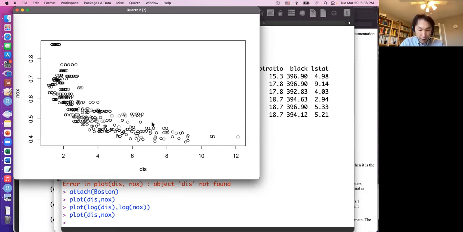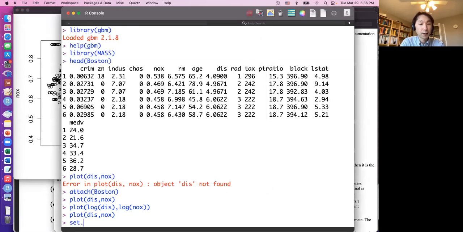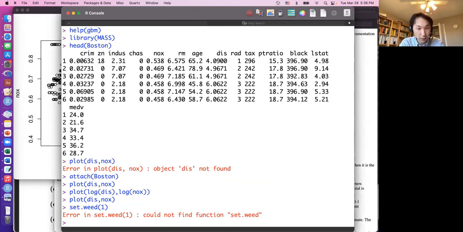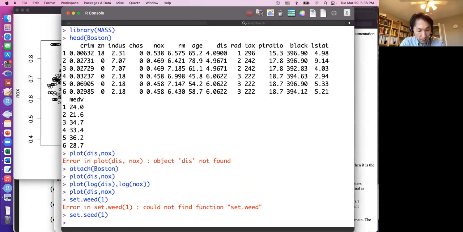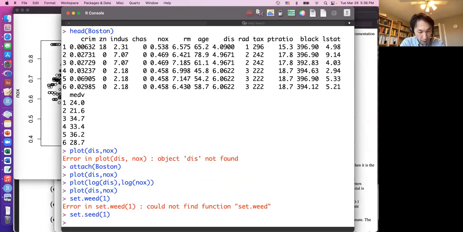We do fit a spline, but we want to split the dataset into training and test. At first, you can see the exercise sheet, and I set the seed for the random numbers, and then we split it into two datasets. I use the sample function to randomly sample 253 observations out of these 506 observations.